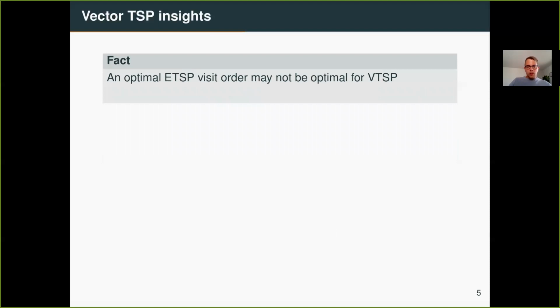So let's go on with some minor results, I would say, from our paper. Maybe you might say some insights. The first one is that an optimal Euclidean TSP visit order, if you can compute it, which is already hard of course, may not be optimal, in fact, for the VectorTSP problem.